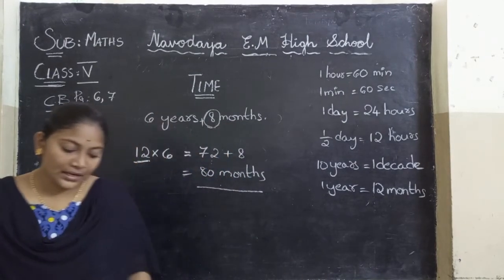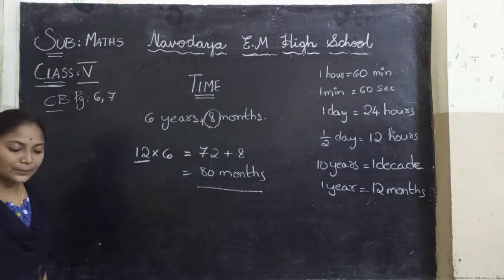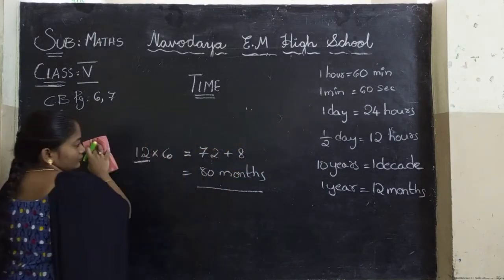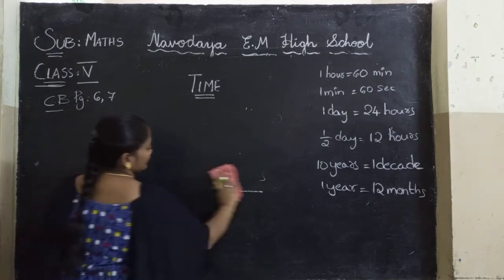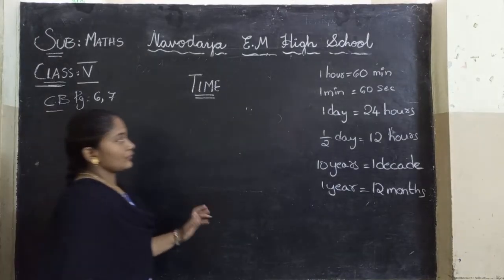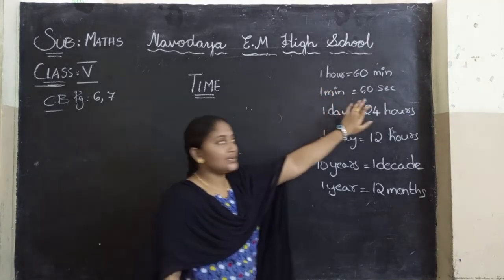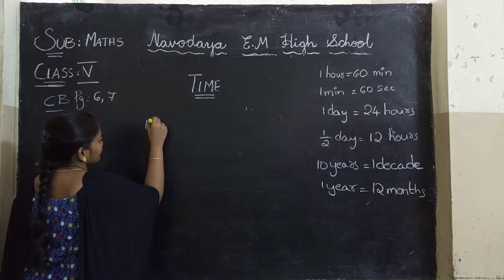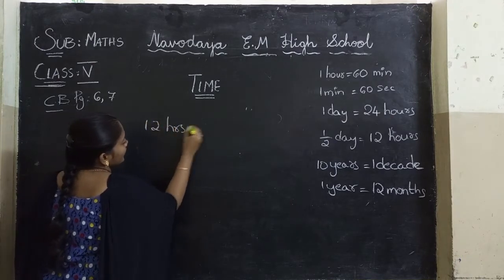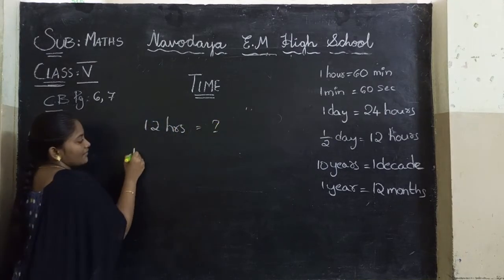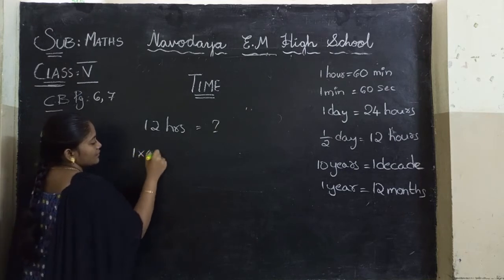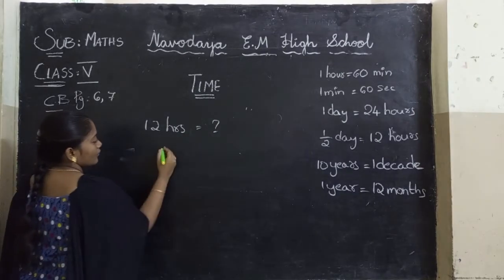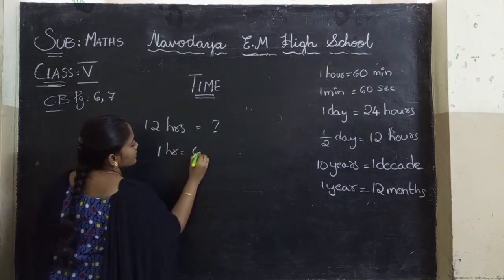Now see the last one. How many minutes are there in 12 hours? Per 1 hour, how many minutes? 1 hour is equal to 60 minutes.